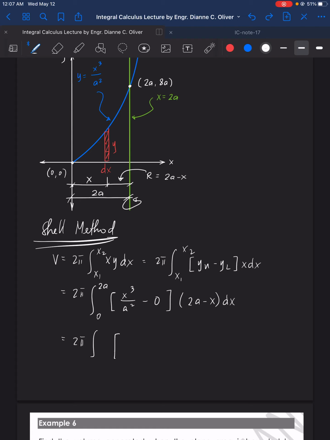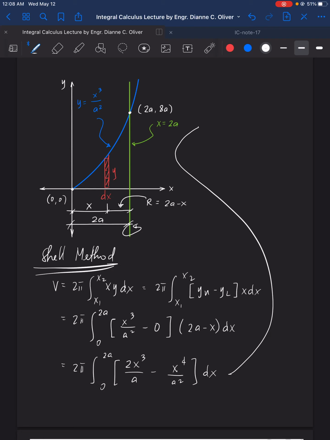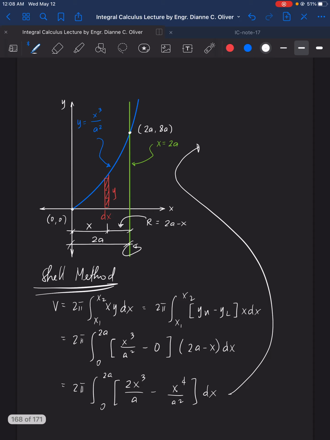So we distribute that, we have there 2x is a, then this is a, and then minus, we have here x raised to 4 over a squared dx, 0 to 2a. Okay, then let's use the extra space here. Now we have equal to 2 pi. This becomes 2.